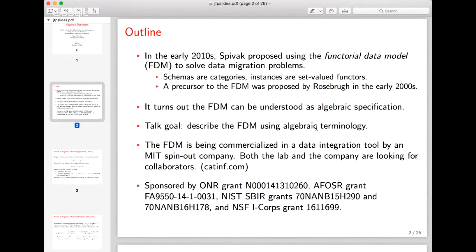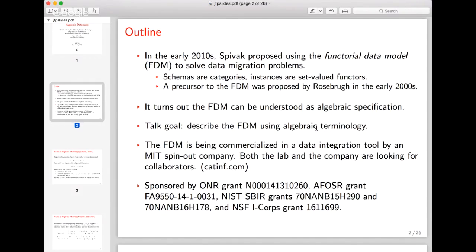Just as a review, David Spivak a few years ago proposed using something called the functorial data model to solve data migration problems, where schemas are categories and instances are set-valued functors. That's a semantics-first approach to functorial data migration, and algebraic specification is a syntax-first approach.